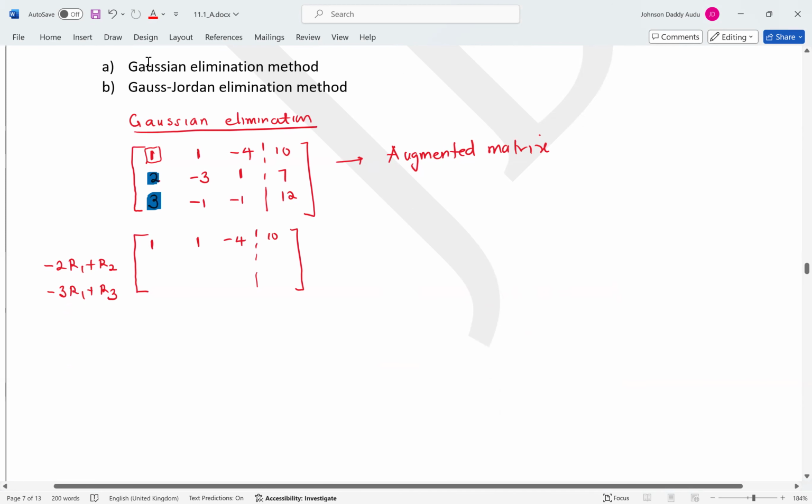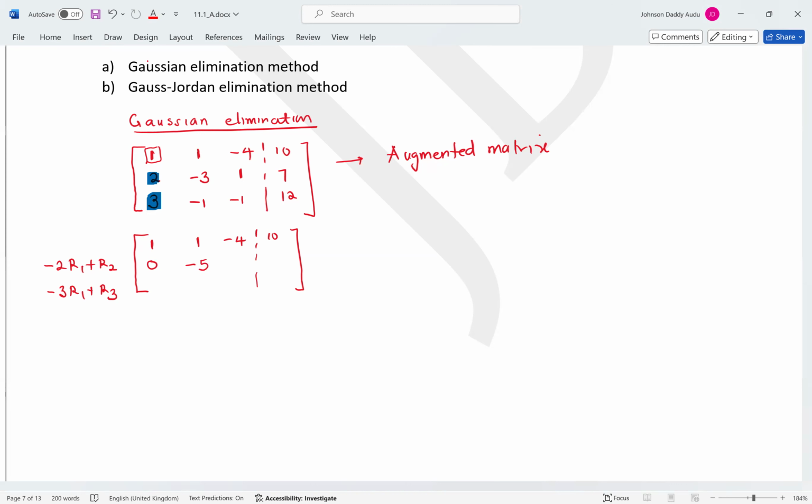Okay, so minus 2 times R1. You have minus 2 times 1 plus 2, which gives us 0. Minus 2 times 1 is minus 2, and minus 2 plus minus 3 is minus 5.